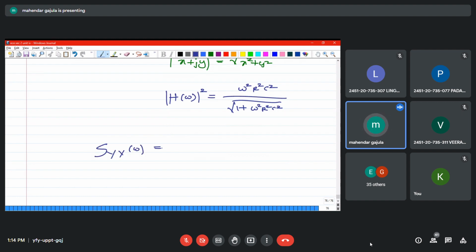S_yy(omega) equals omega square R square C square by 1 plus omega square R square C square times the input power spectral density, N naught by 2. This way you have to find it out. I am telling you it again.